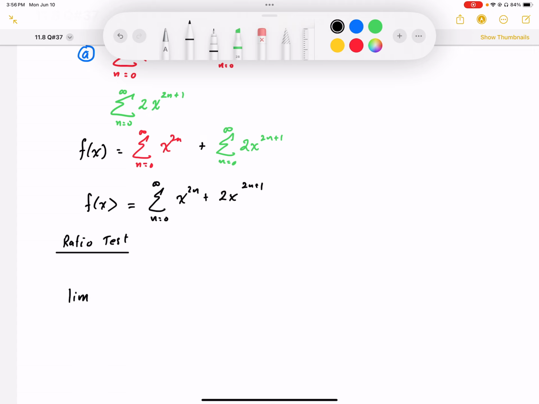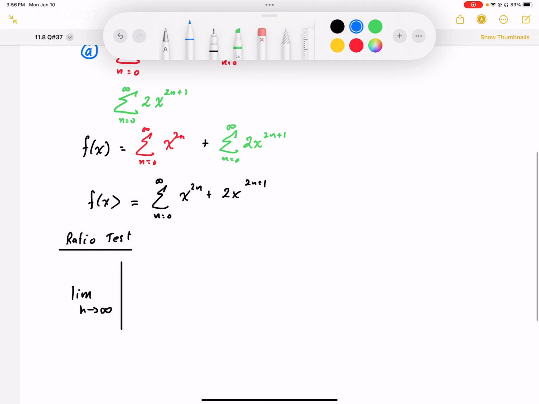I have a limit as n approaches infinity of the numerator term, which is going to be x to the power 2n plus 2, because we substitute plus 1 into the brackets, into 2n, plus 2x to the power 2n plus, when I substitute plus 1 into there, I get 2n plus 2 plus 1, or plus 3.